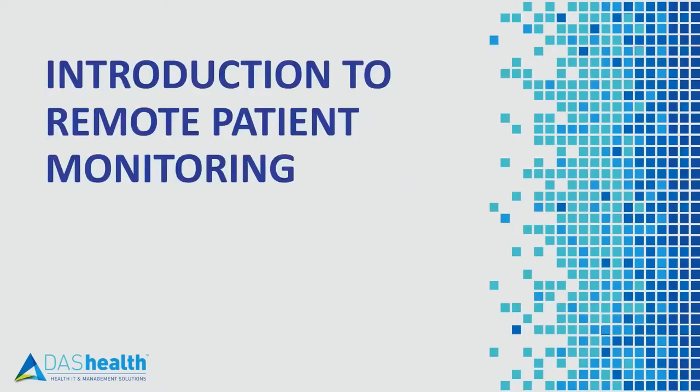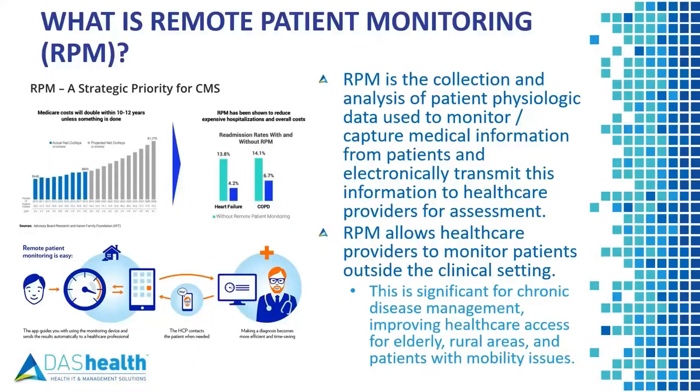So let's go ahead and jump right in. First and foremost, we're going to start with the basics. What is remote patient monitoring? Well, in its simplest form, RPM involves the use of connected electronic tools to record some form of personal or medical health data in one location that's then reviewed by a clinician or their care team at a different location.